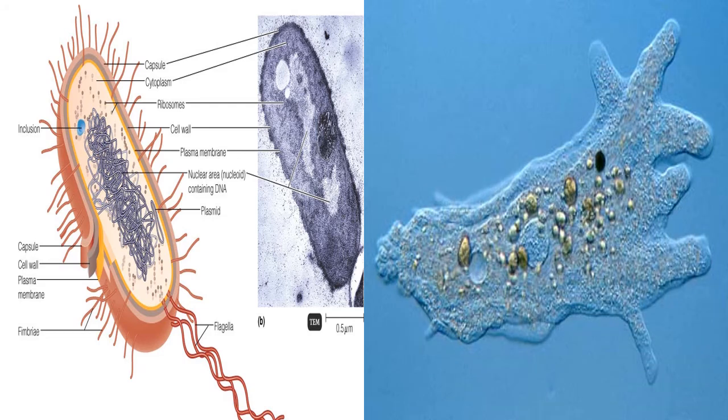On the other hand, this is amoeba. In amoeba, basic components like nucleus, mitochondria, food vacuole, etc. are present. This is the basic difference between amoeba and bacteria. Amoeba is eukaryotic as it has a nucleus and other cell organelles.